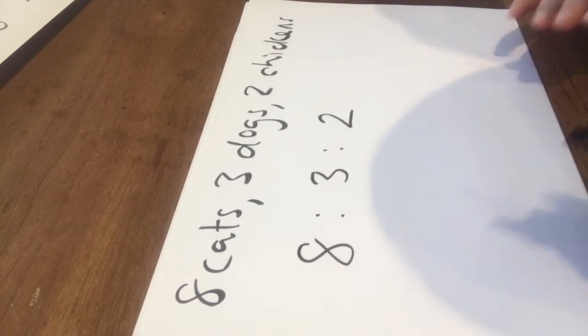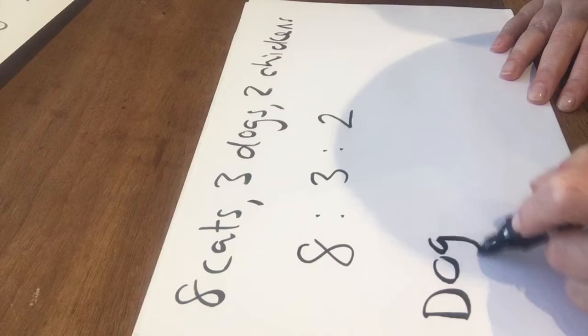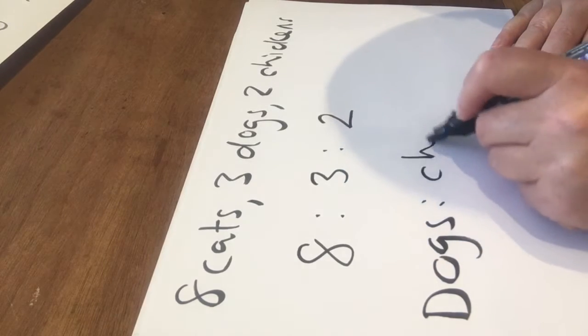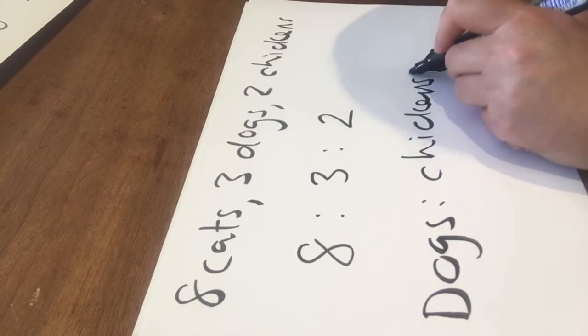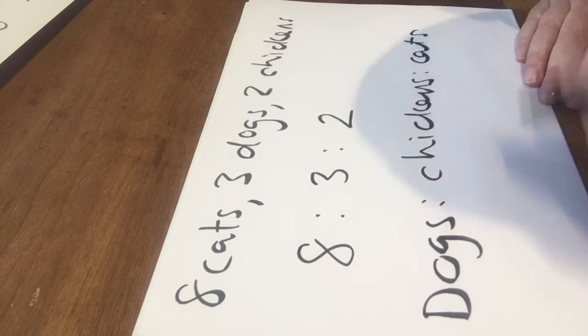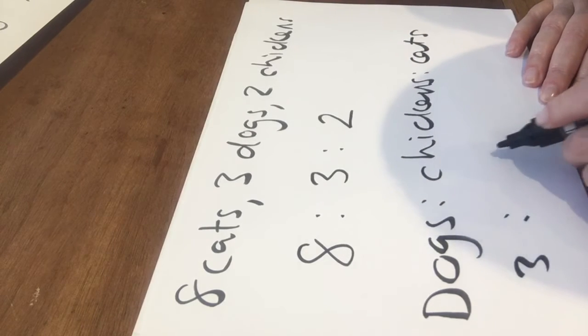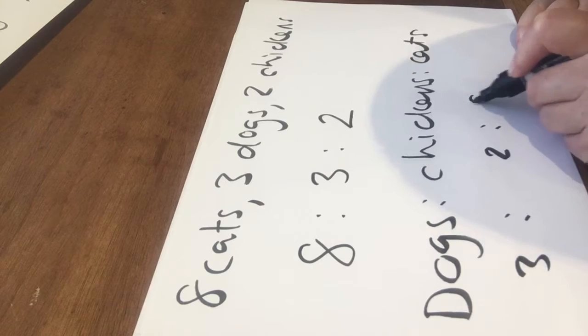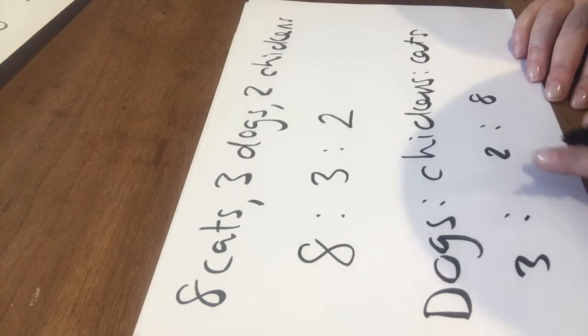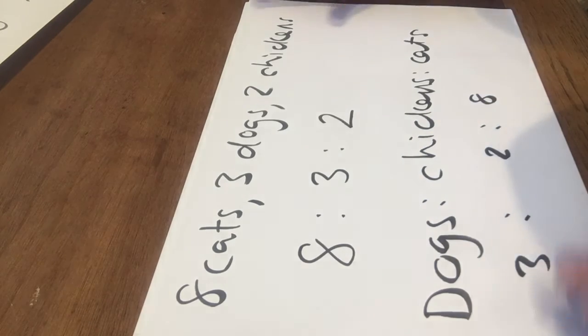Or we can swap it round. We could have dogs to chickens to cats. So I've got 3 dogs, 2 chickens, 8 cats. So this time the ratio would be 3 to 2 to 8.